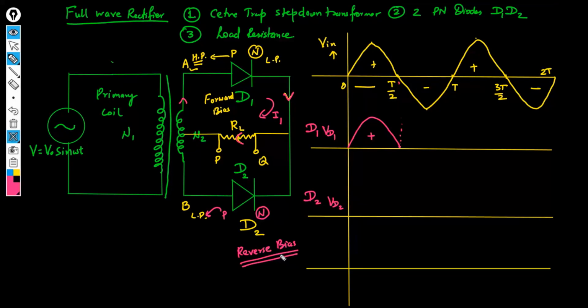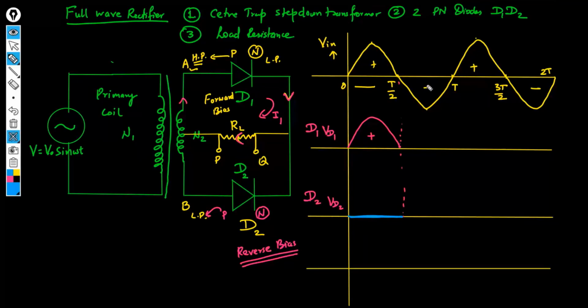Current will flow, but it will be negligible, of the order of 10 raised to minus 6 ampere. So almost zero output we will get because of D2. So here I am making D2 at 0 voltage.